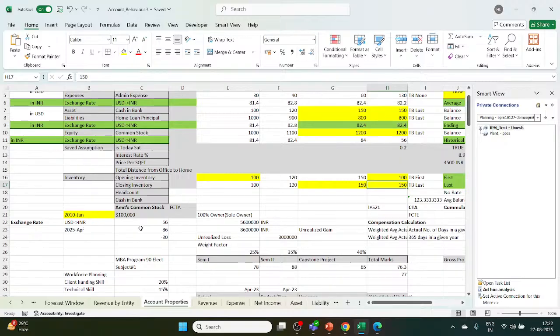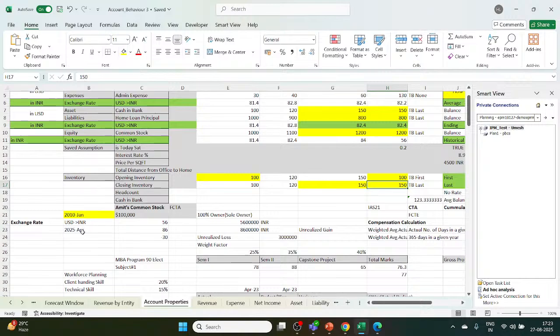At that time the USD exchange rate is 56 rupees. So the value would be around 56 lakh rupees, I think.